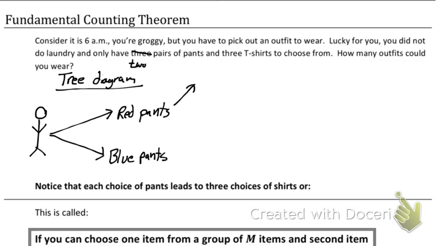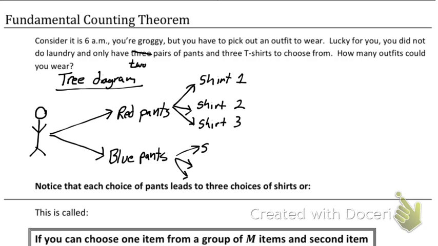And now we have 3 shirts. So if I pick my red pants, I have 3 shirts I can wear. I'm just going to call them shirt 1, shirt 2, and shirt 3 just to save some time. And we have the same choices with our blue pants, assuming everything matches and we're not freaking out about that.